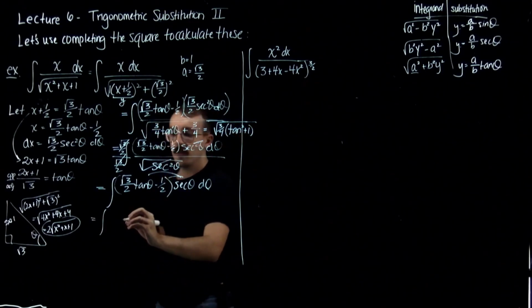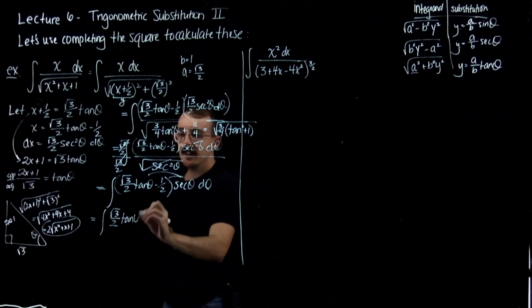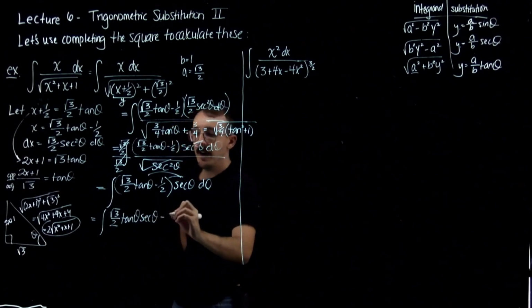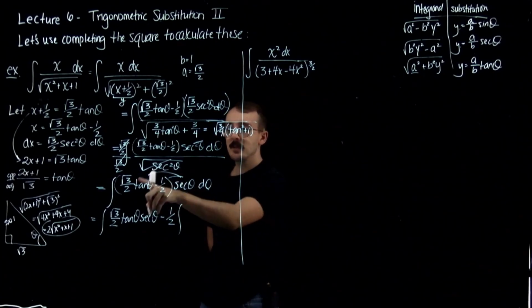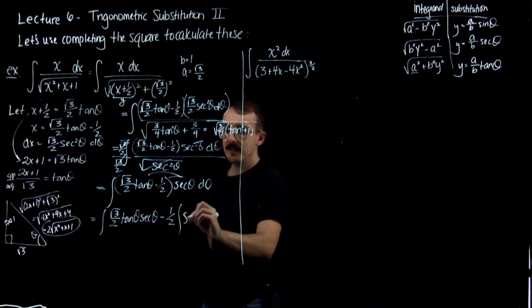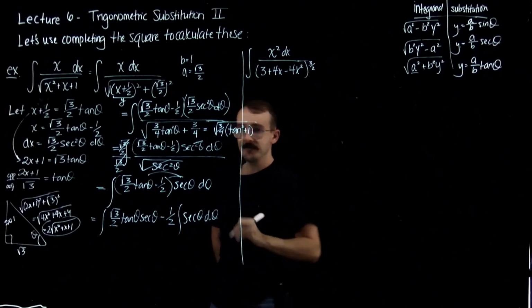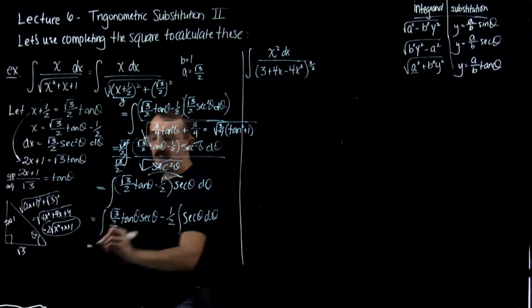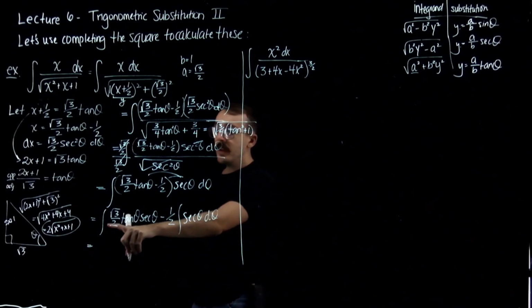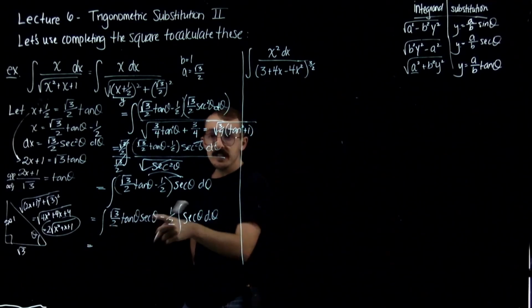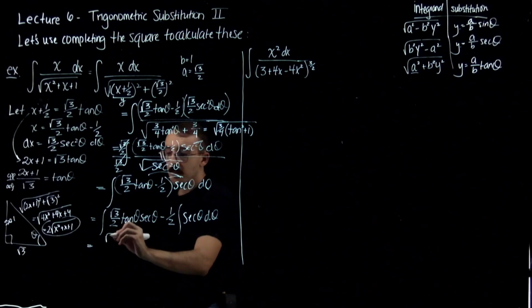So I get radical 3 over 2 tangent theta secant theta minus 1/2 secant theta d theta. I'm splitting this into two integrals and distributing this secant. Each of these is within our rules, so we are able to do this one now. The integral of secant tangent is secant. That's the antiderivative, so you get root 3 over 2 secant.